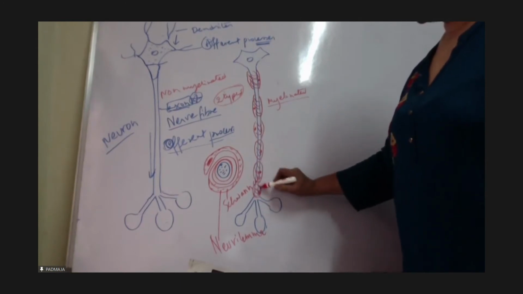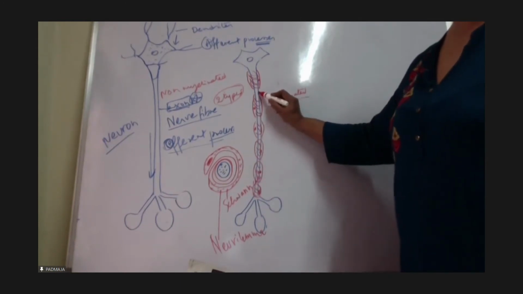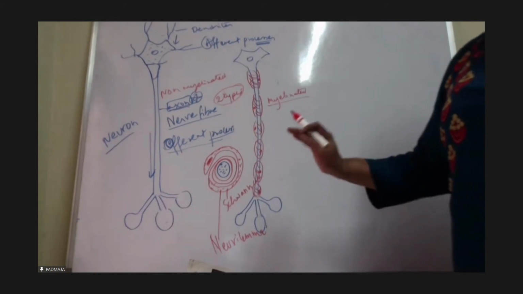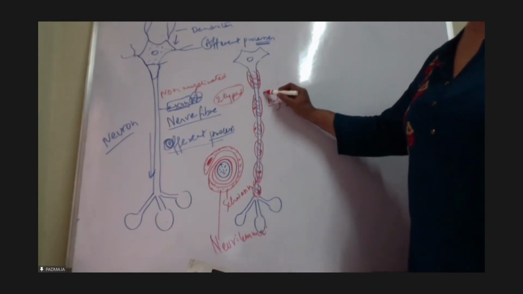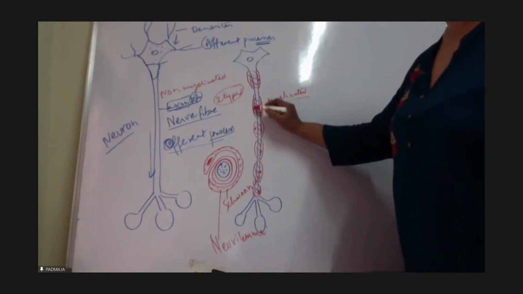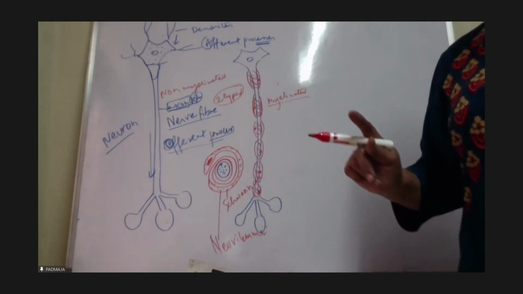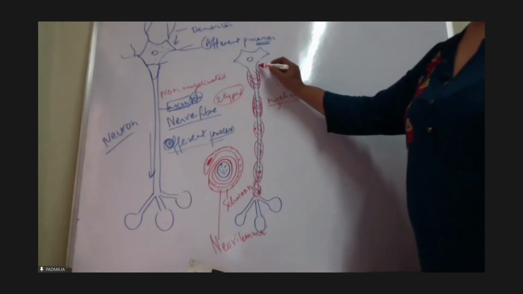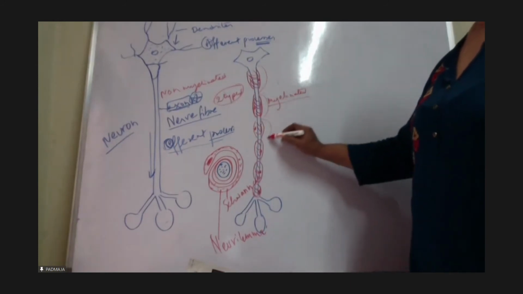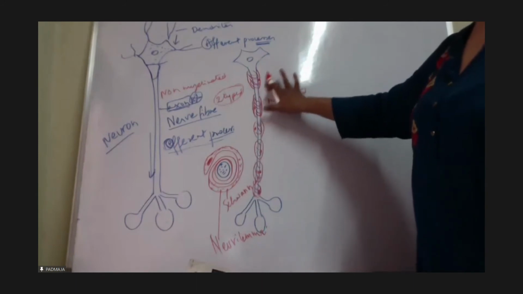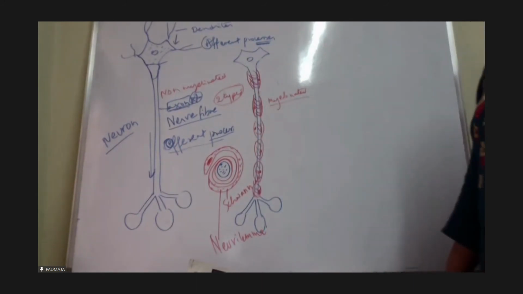Here the axolemma is not covered with the myelin sheath. It is naked, a normal plasma membrane with all the sodium gates, potassium gates, voltage gates. But wherever myelin is there, it is made up of only fat, so no question of gates. So the conduction is saltatory, saltation, a jump, you know.